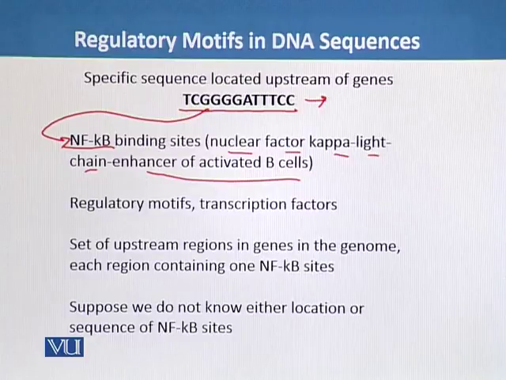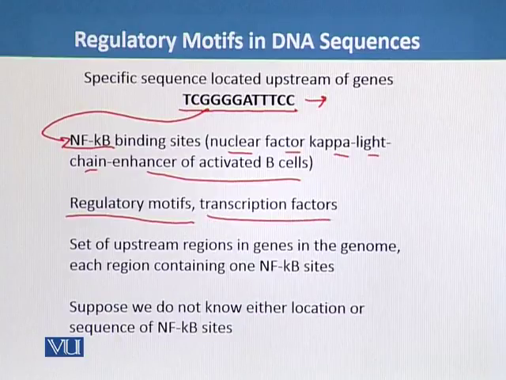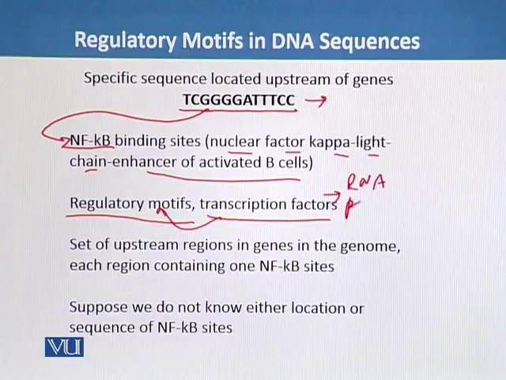As I have told you, these are very important regulatory motifs, and generally they are recognized by transcription factors. When transcription factors bind to regulatory motifs, they in turn help in the binding of RNA polymerase.